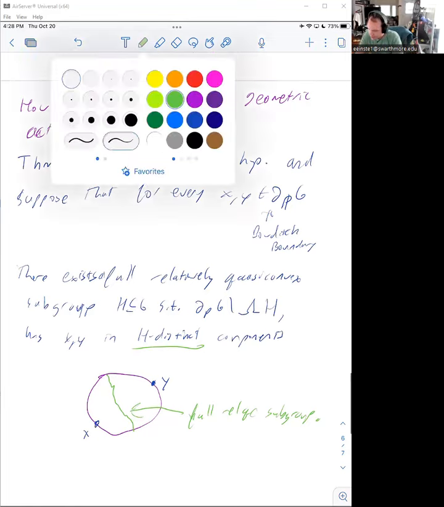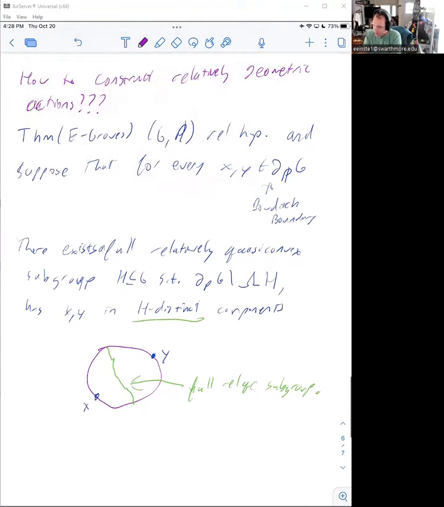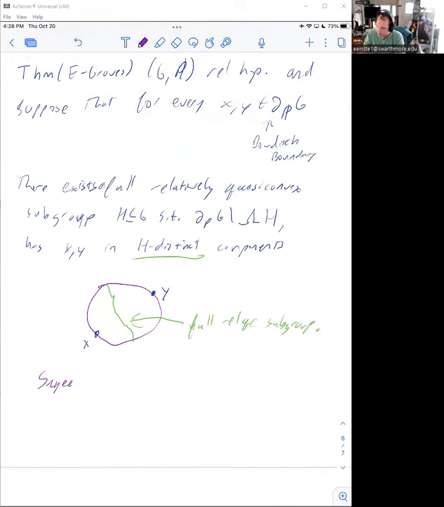So this all grows out of results by Sageev, construction for cubulation, and also the boundary criterion due to Bergeron and Wise.